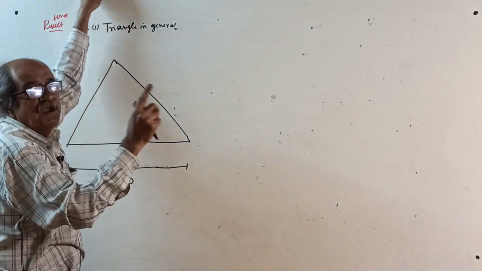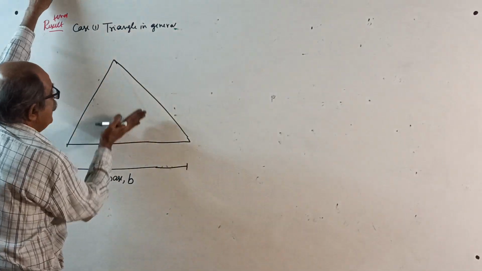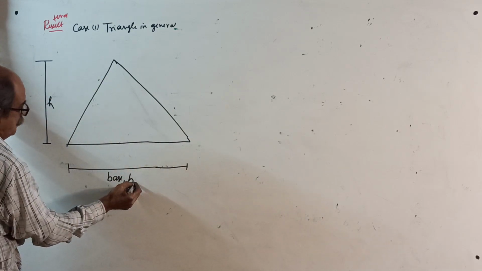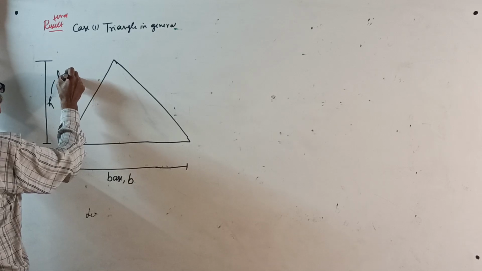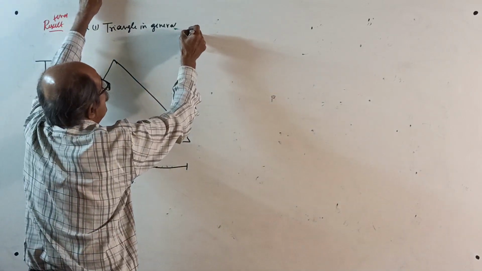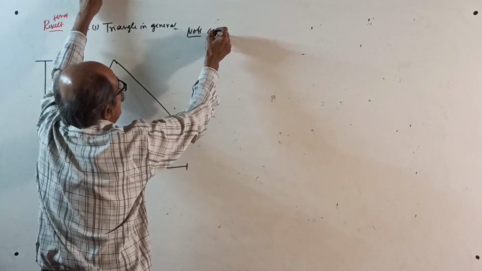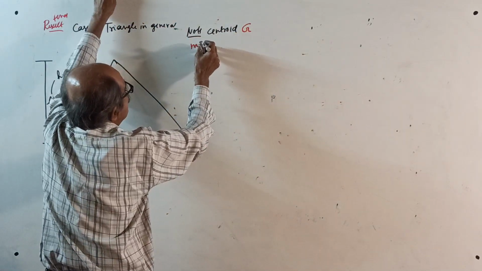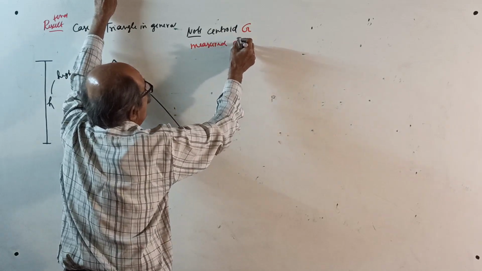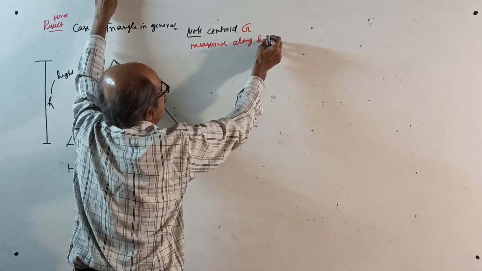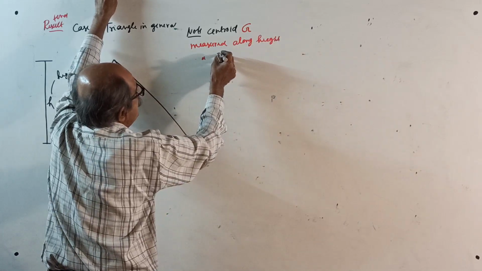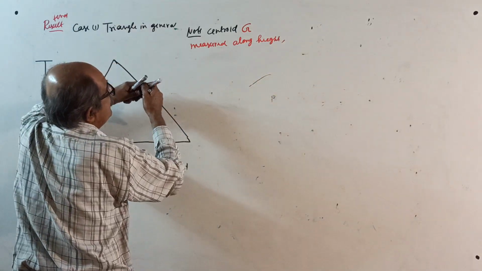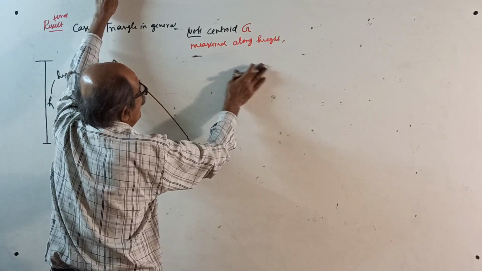That matters when you locate CG along the base. When you locate along the height, it is height H. This is height H, base B. Now, note, centroid G measured along height, that is y bar.